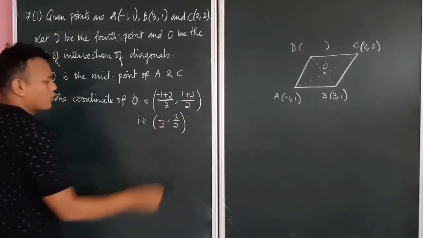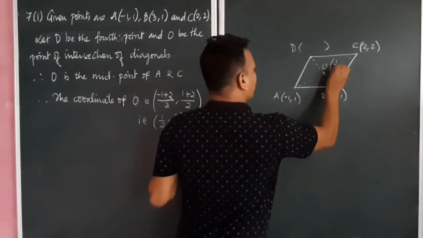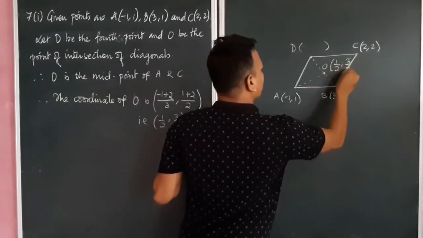So the coordinate of O is half comma 3 by 2.